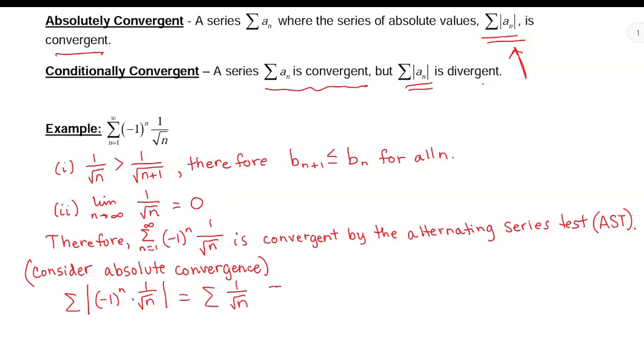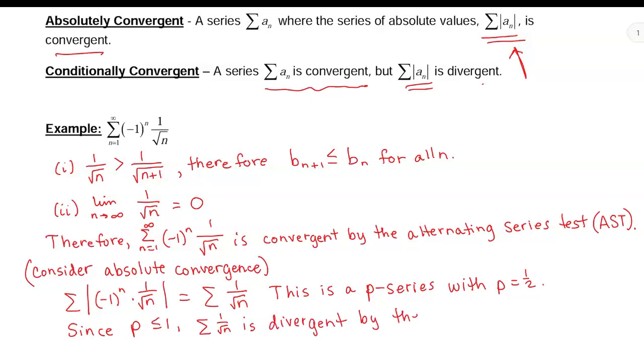This is a p series with p equal to 1/2. Since p is less than or equal to 1, the series 1 over root n is divergent. Therefore, our alternating series is conditionally convergent.